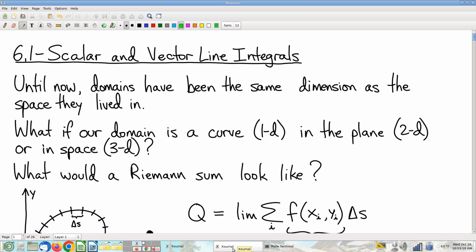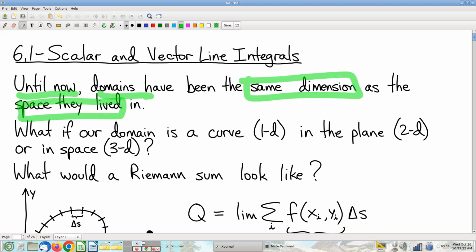And here's the weird thing. So far, every domain that we've dealt with has been the same dimension as the space that it lives in. If we're in 2 dimensions, we have a 2-dimensional region inside of R2.